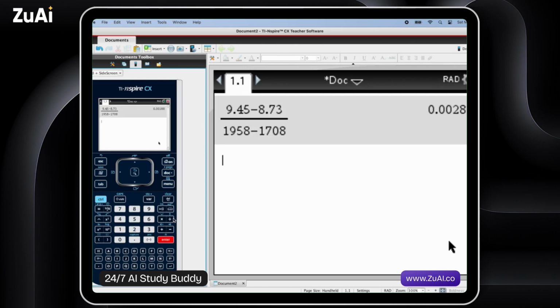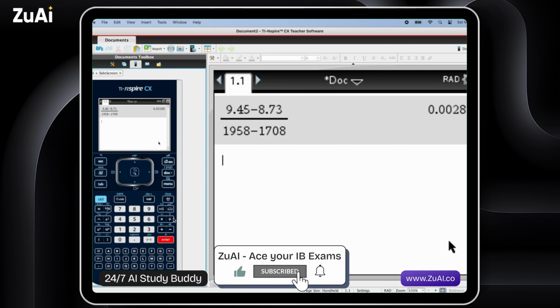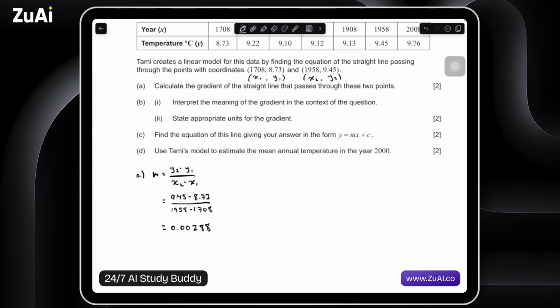Okay, come back to the document. Actually, here we have 0.00288. Alright, so let's go back to the document and write this out. 0.00288, and that's already to 3 sig figs.